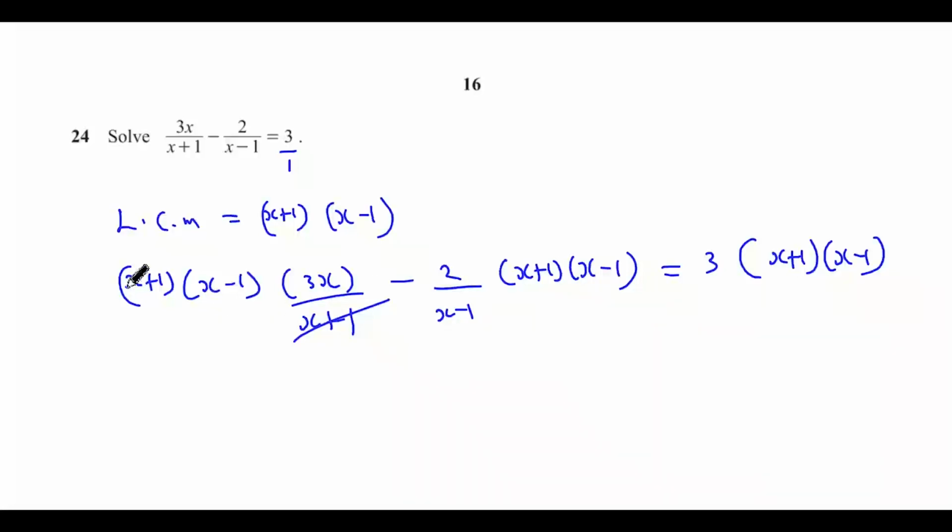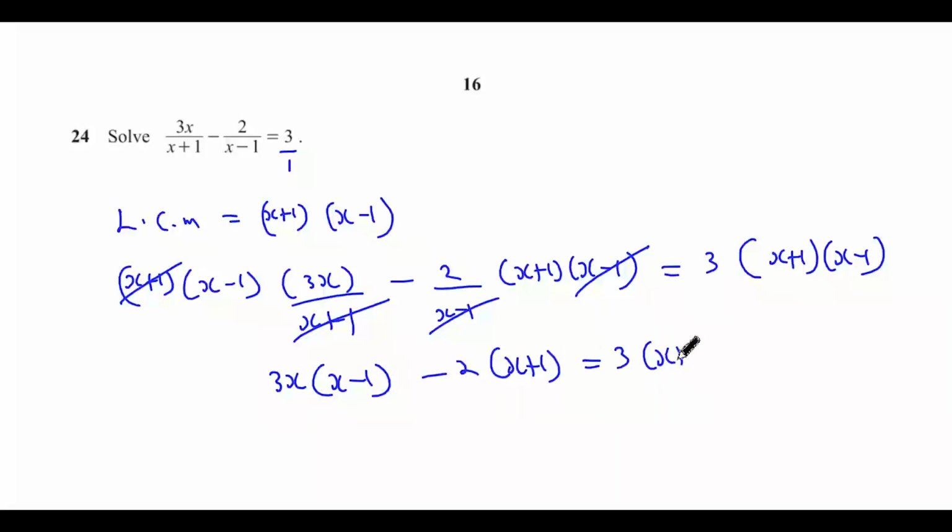So x plus 1 cancels x plus 1 here, and x minus 1 cancels x minus 1 here. We are left with 3x into x minus 1, minus 2 into x plus 1, and 3 into x plus 1 into x minus 1.